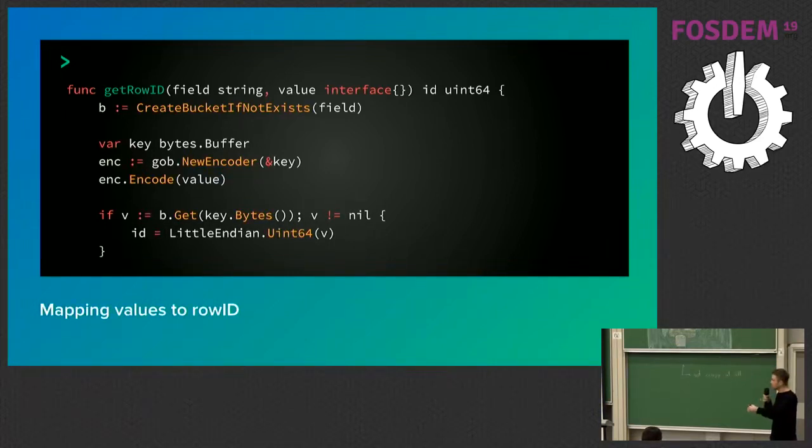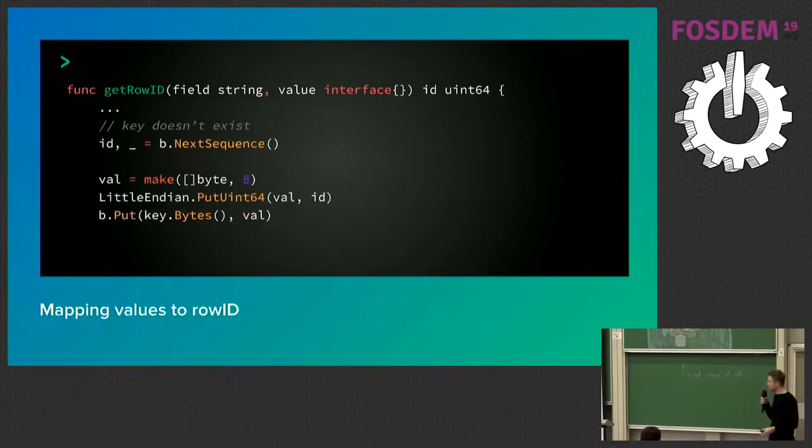You pass the value, so first we encode the value by the GOP encoder, and then we get the bucket in a Bolt DB which is assigned to the field, and we try to get the value from the bucket. If it exists, then we can immediately return the row ID.